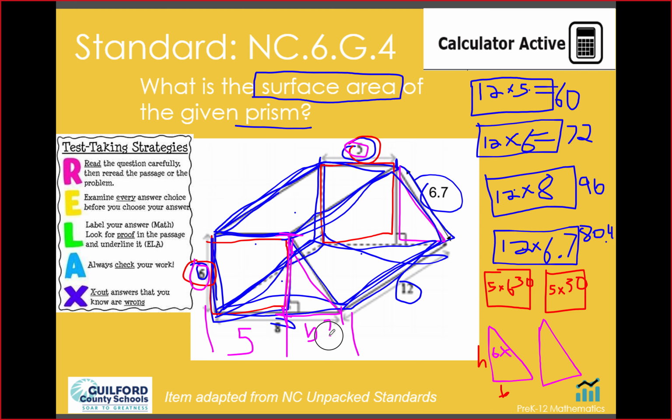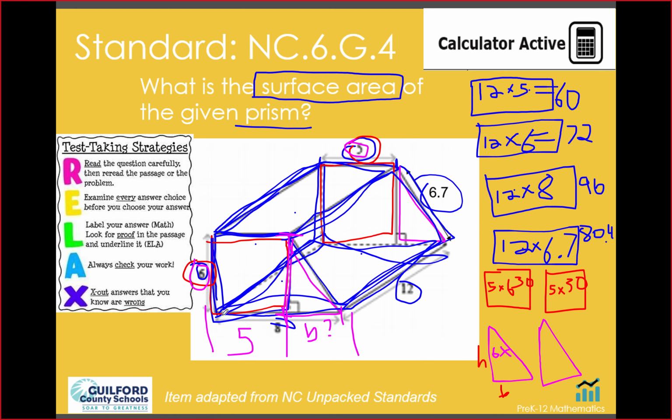How would you figure that out? So you wouldn't quite multiply it.